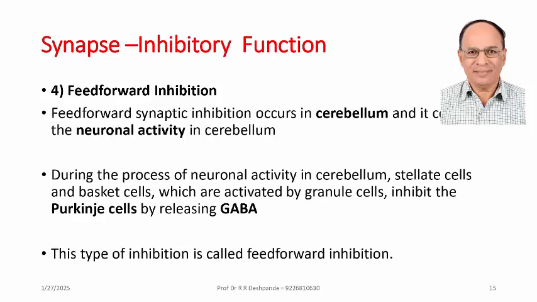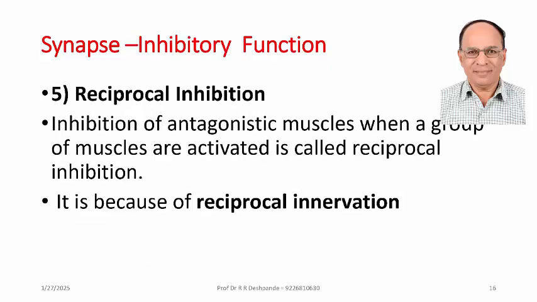So this was our yesterday's talk, and now here is the point: synaptic inhibition in the CNS limits the number of impulses. Impulse means current. Impulse means wave. Impulse means action potential. All these words should be remembered.